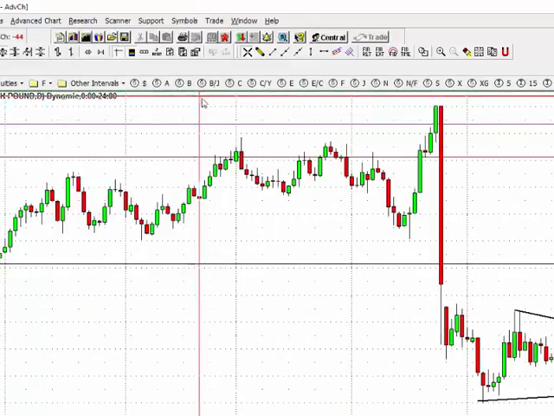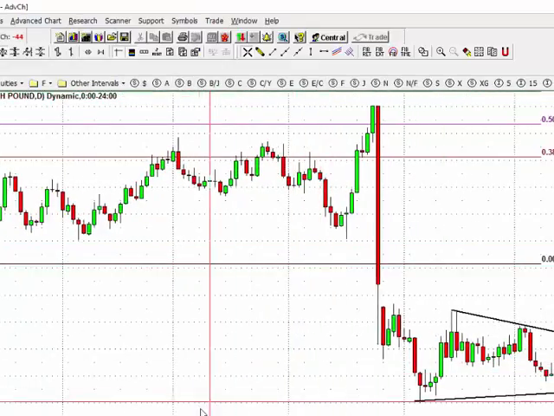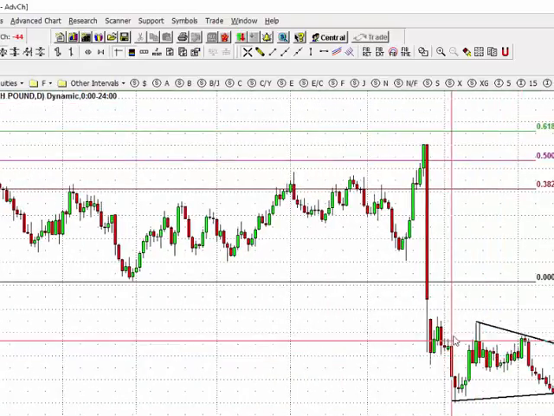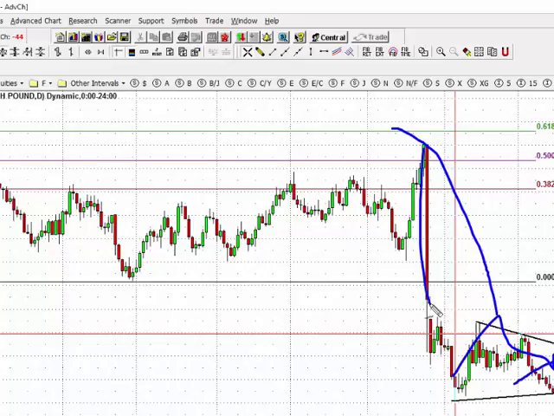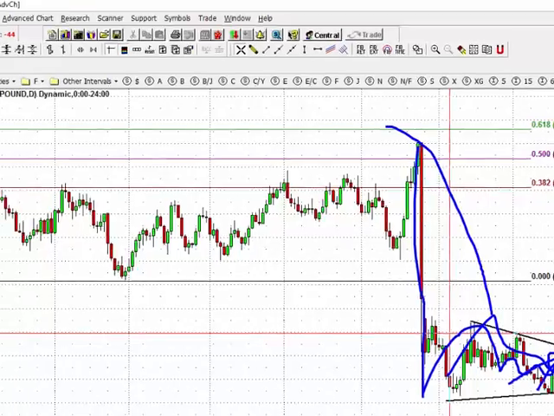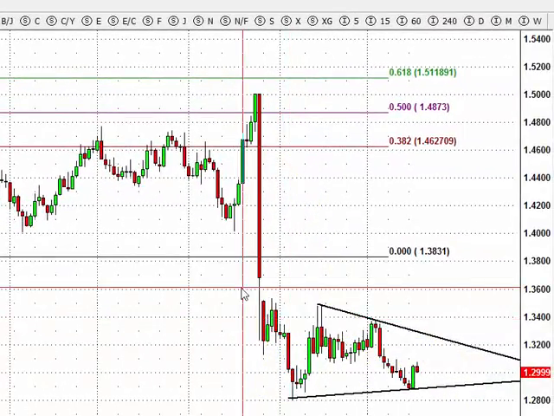Taking a look at the British pound, it has entered a consolidation pattern, as you can see here, a triangular consolidation pattern. And these patterns normally resolve themselves in the way it came. So it entered in a downtrend, it could consolidate for a little bit, and then the downtrend may continue.